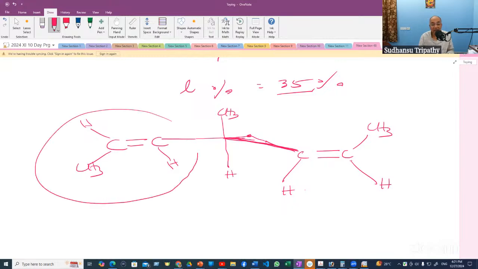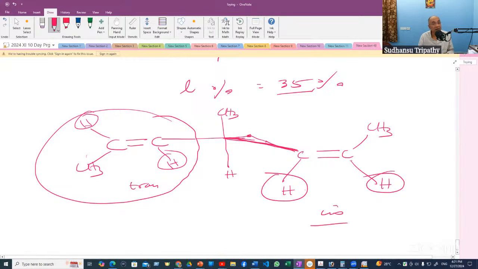This configuration is trans, looking at hydrogen, their opposite is trans. This is cis. So they are different, not the same. So cis has a greater priority, but there is a chiral center here.